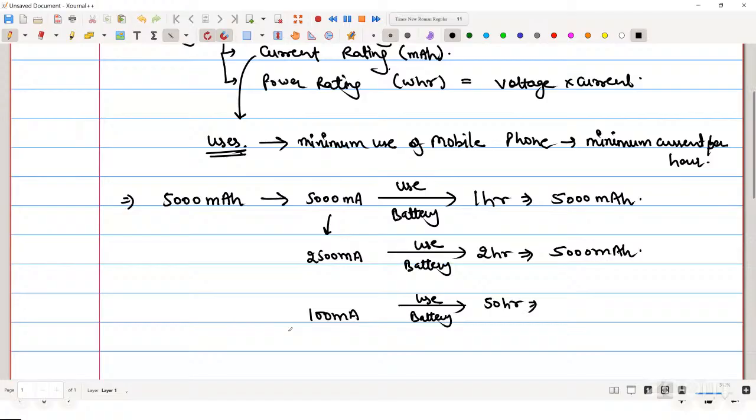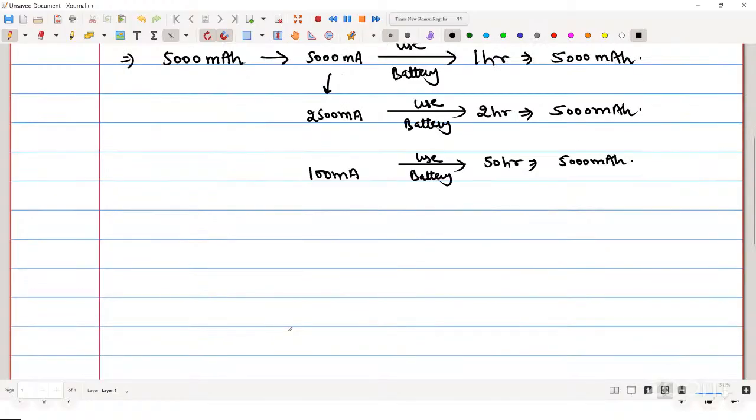If I require even less, like 10 or 20 milliampere, I can use it for 250 hours. The multiplication is always 5000 mAh.